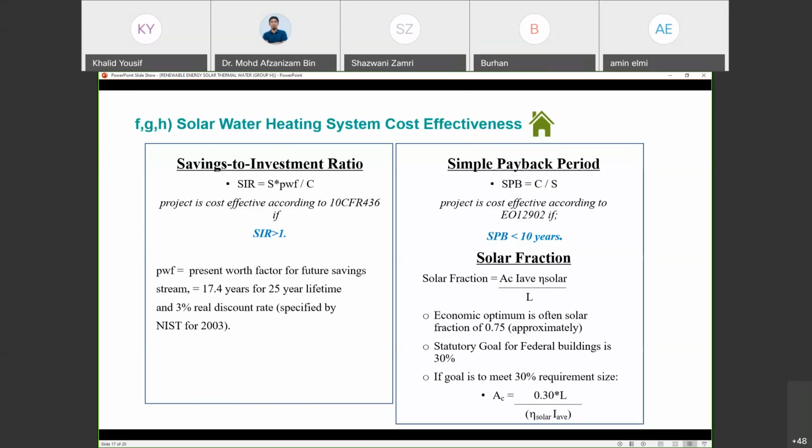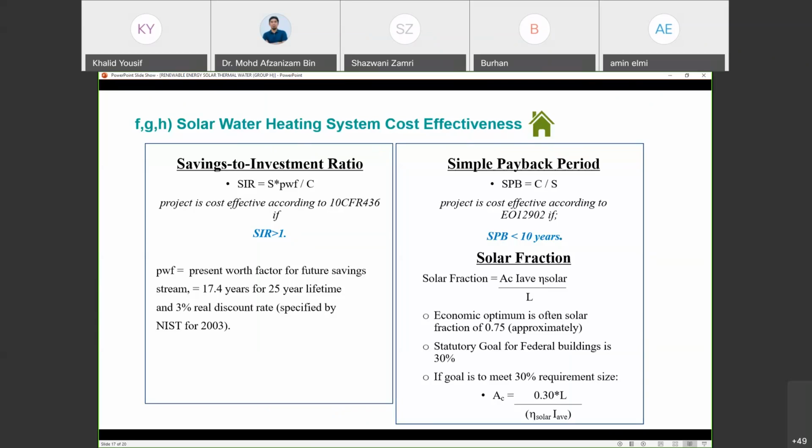And the solar fraction is equal to collector area times I average times η solar divided by L. If the condition is to meet a 30% requirement, the size will be collector area equal to 0.3 times L divided by η solar times I average.